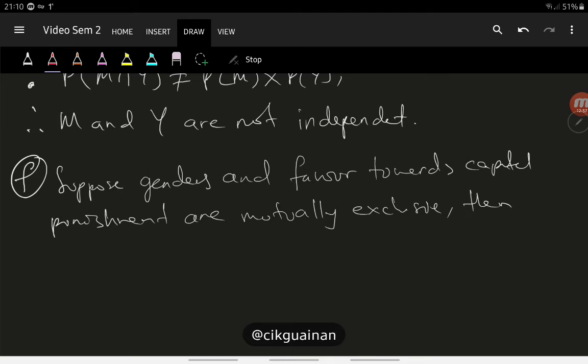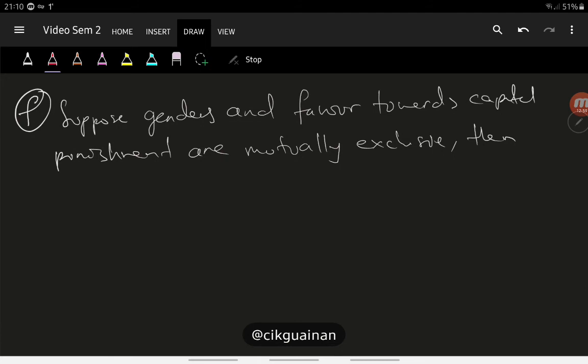so how are we going to do this one? Unlike the previous one, for this question we can choose which gender that we want. So maybe from gender we choose, let's say, female lah. Female, and then we find the intersect, and then the attitude is maybe yes or no. So we say yes lah.